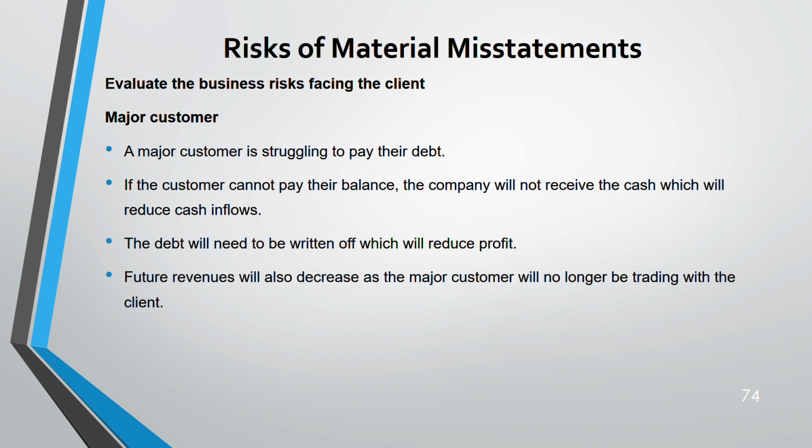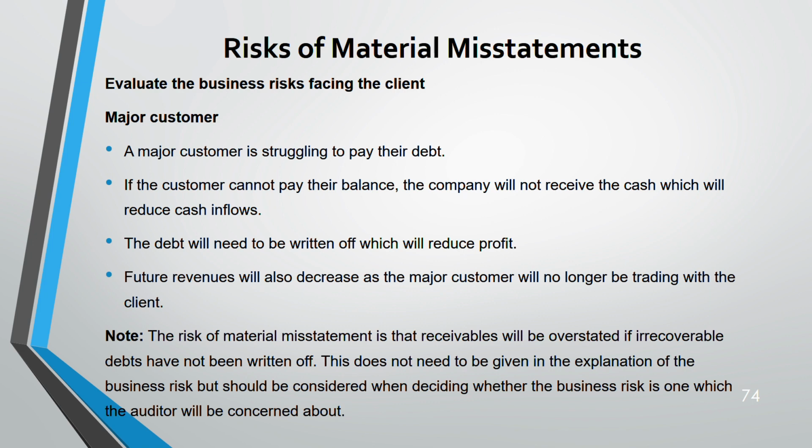And future revenues will also decrease. Why? As the major customer will no longer be trading with the client. If your major customer is struggling with the debt, you will not do any more business with them. So you are losing future revenue from them also. So cash inflow reduces, revenue reduces, profit reduces.